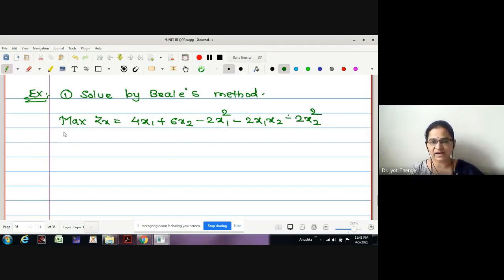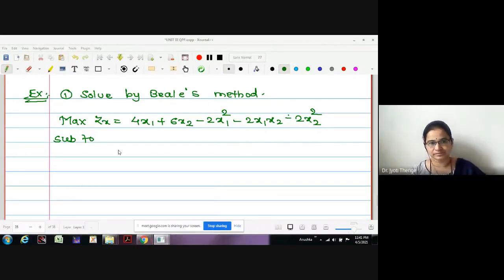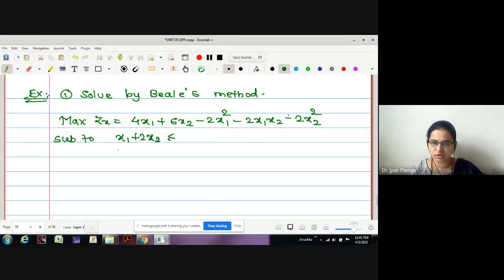The first example has only one constraint, and then we will go for an example with two constraints. Subject to x1 + 2x2 ≤ 2, x1, x2 ≥ 0.